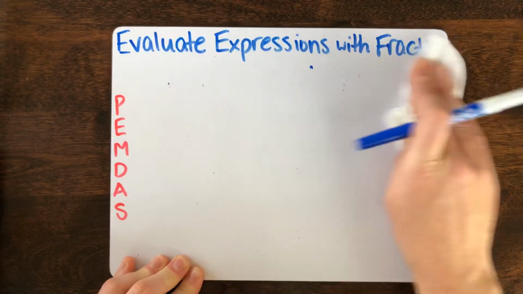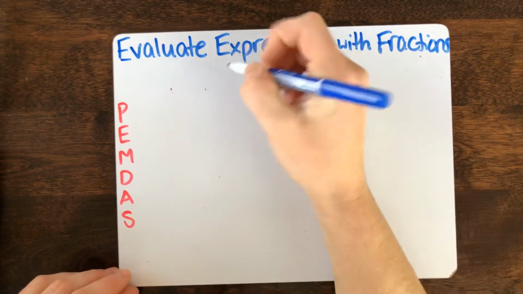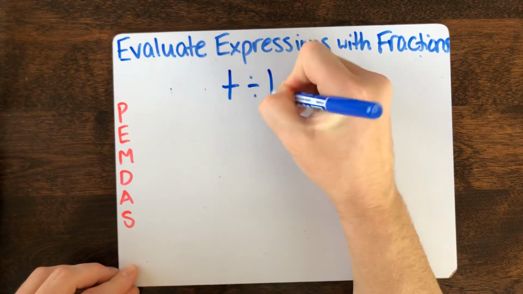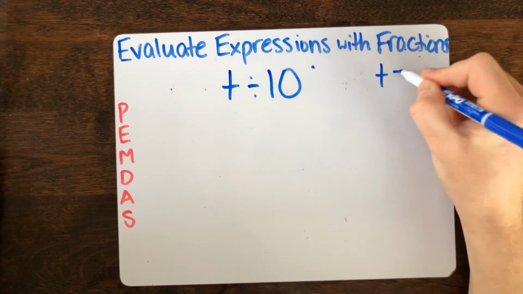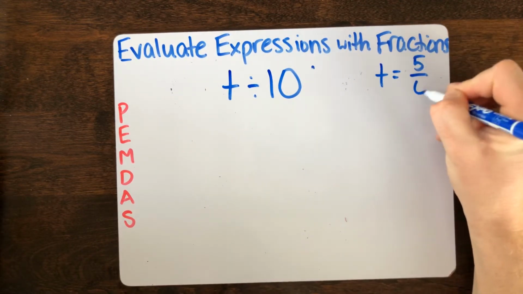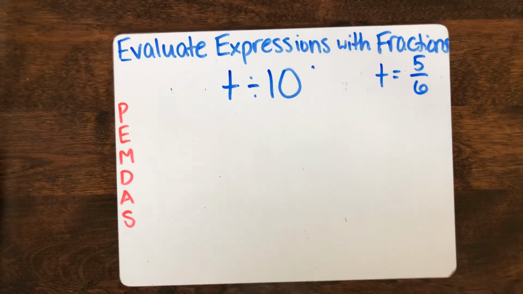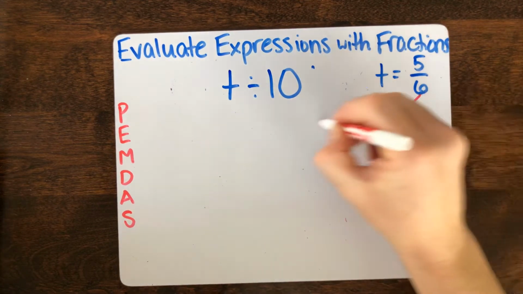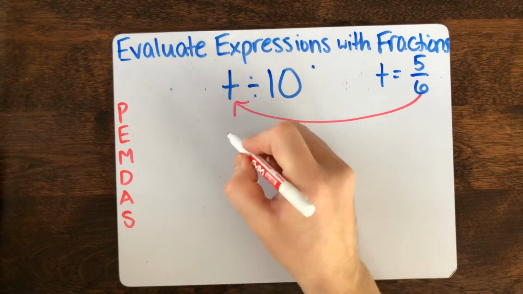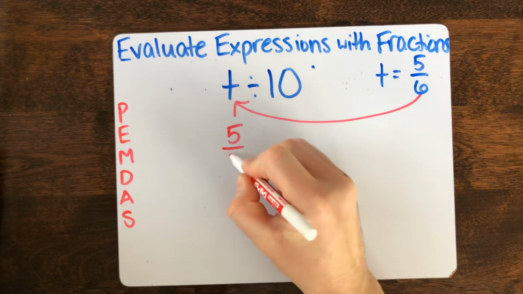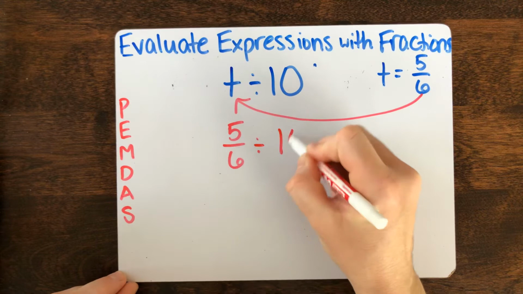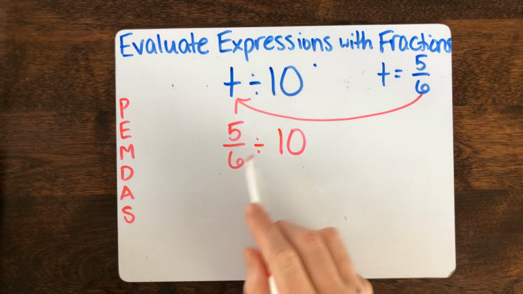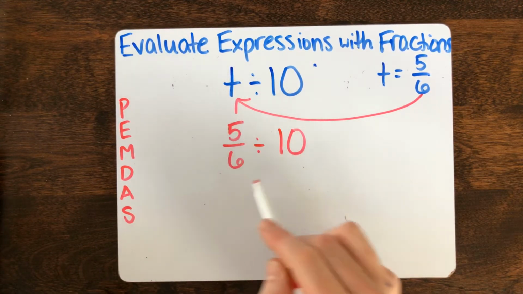All right, let's look at the second problem. It was t divided by 10, and they said evaluate this when t equals 5/6. So all you did for this problem, you plugged in 5/6 for t. So you rewrote it as 5/6 divided by 10, and you did keep, change, flip, because I have a division sign and a fraction in my expression.